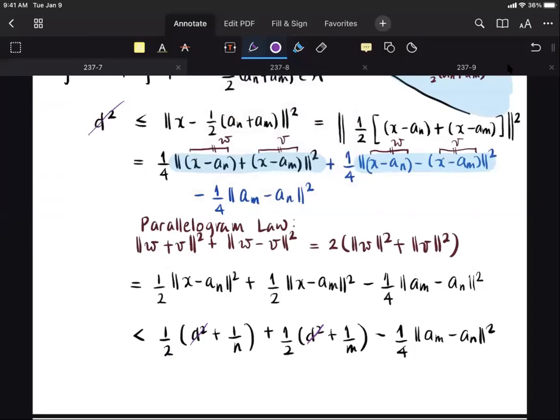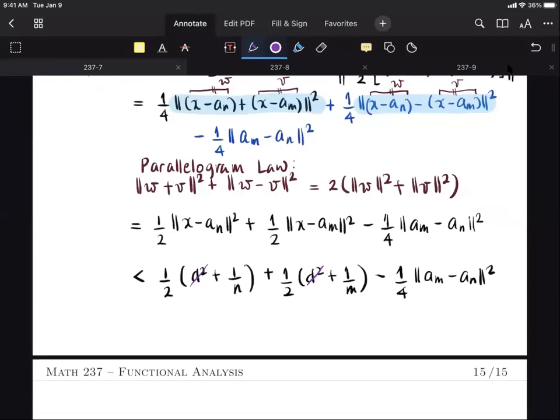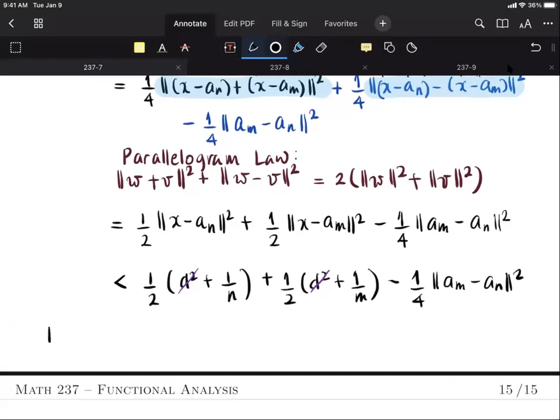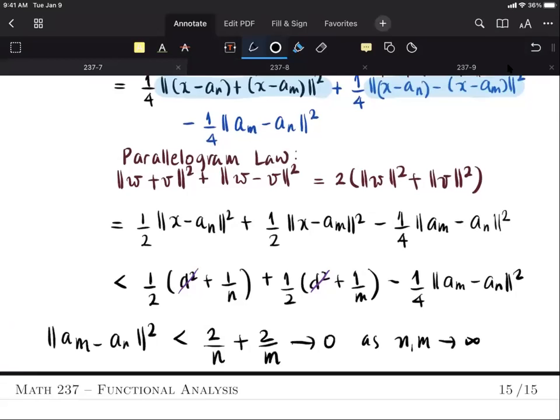Putting this on the left-hand side, we end up with the following estimate. The norm of am minus an squared is less than, since we have a factor of 4 here, after multiplying 4 both sides, 2 over n plus 2 over m. And clearly this tends to 0 as n and m tend to infinity.